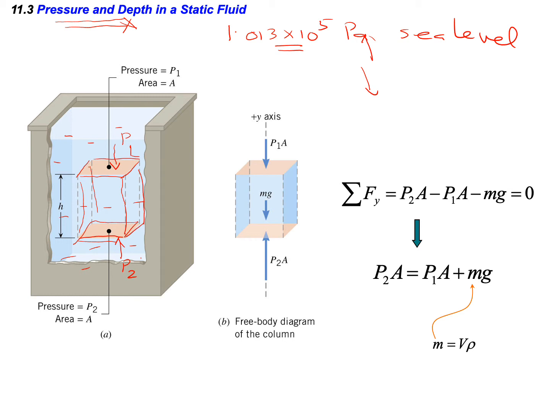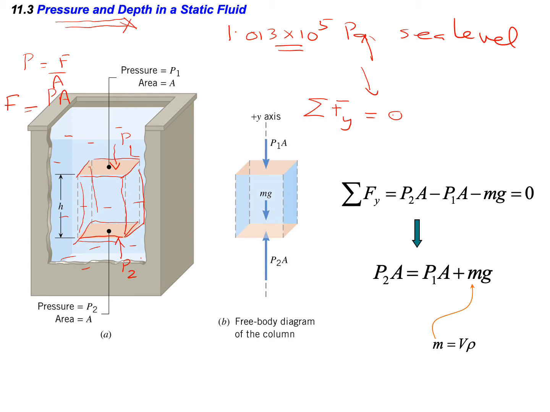We know from previous lessons that when something is in equilibrium, the net force acting on an object along the x direction and y direction is 0. So if you consider the vertical direction in this cube, pressure is force over area, so we can write an equation for force in terms of pressure and area. The force from the pressure on top is P1A, and P2A is the force from the bottom.